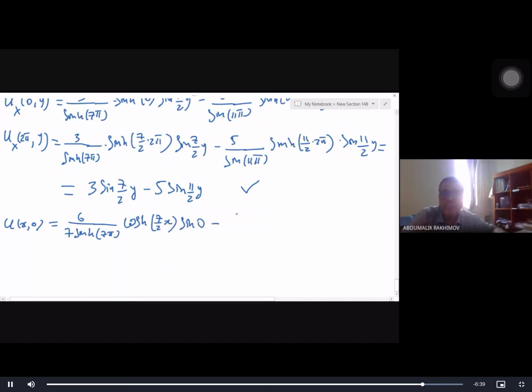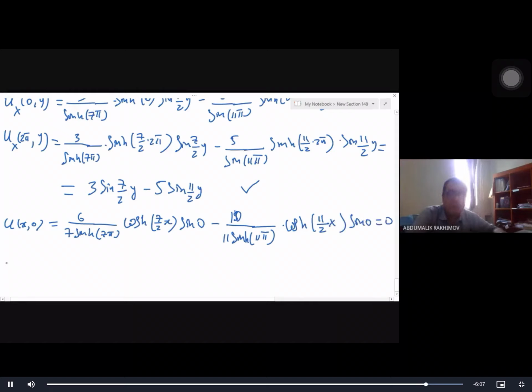The same, 5 over 11 sine hyperbolic 11 pi times cosine hyperbolic 11 over 2 x sine 0, so it's equal 0, right?